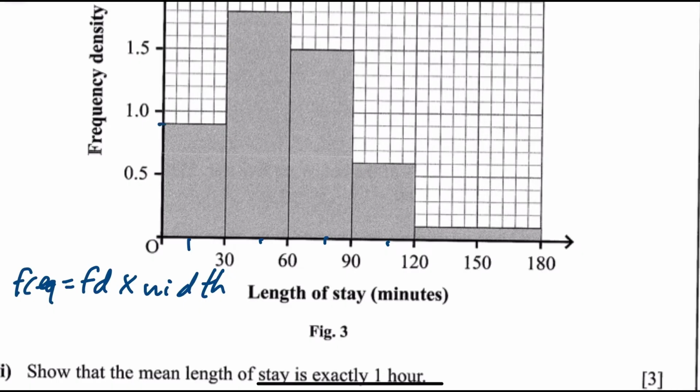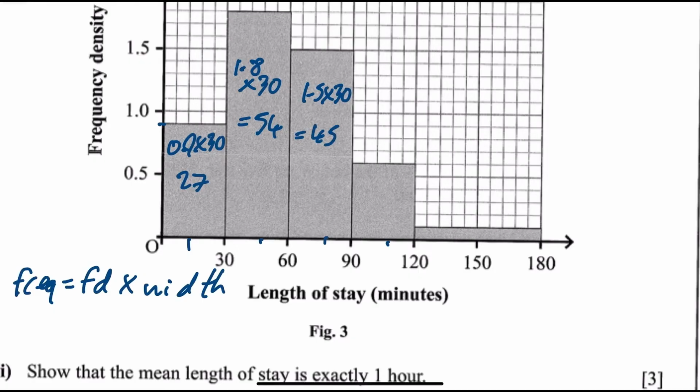That is 0.9, so 0.9 times 30 works out to be 27. This one is 1.8 times the 30, and that works out to be 54. And then this one is 1.5 times 30, works out to be 45.